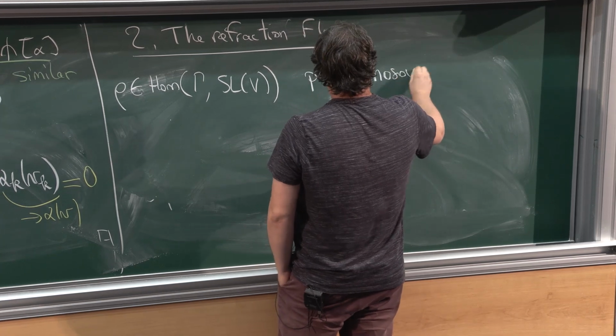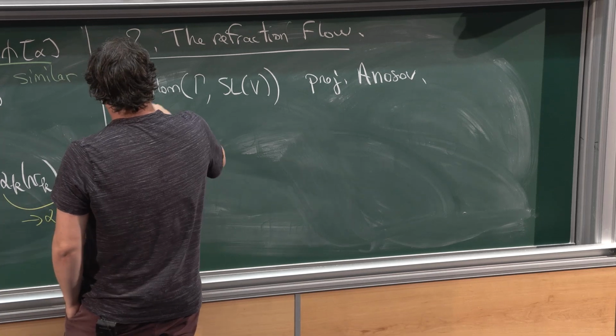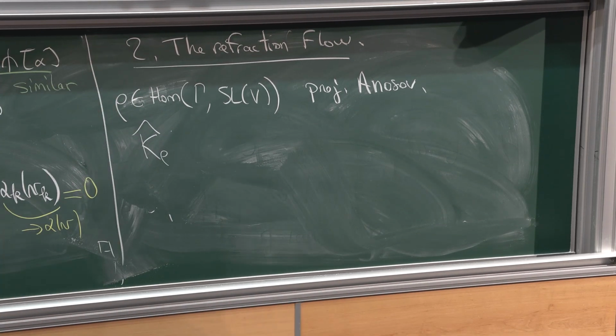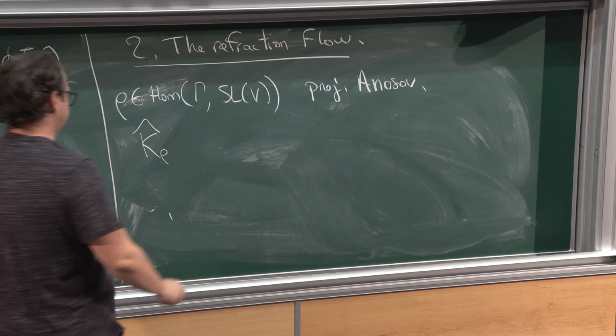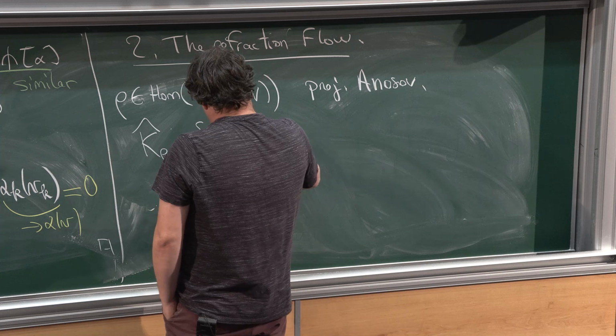Okay. So we're going to introduce another subset of L from a projective Anosov representation rho, which is the one we mentioned without writing earlier.